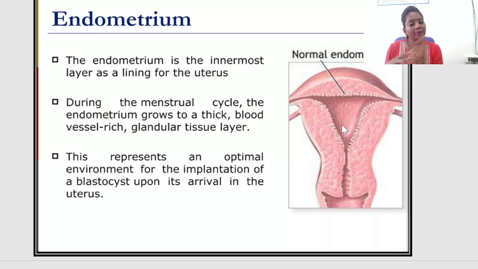Then if the blastocyst comes here and attaches, it will not survive, because the land is not good, even though the seed may be good. That's why for the growth of the baby, both land and seed are very important: the land is the endometrium and the seed is the baby. So that is the importance of the endometrial layer.